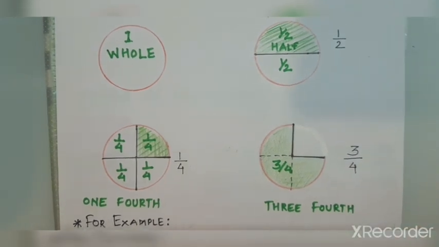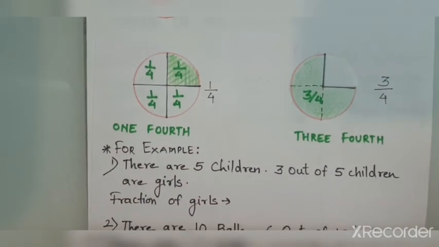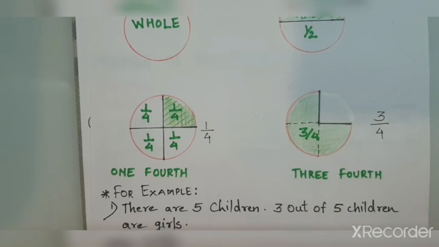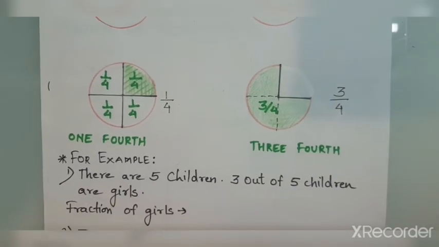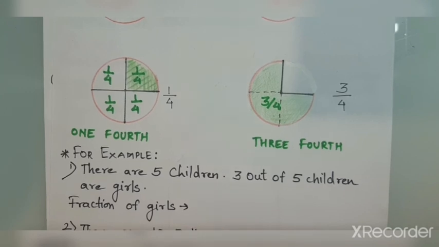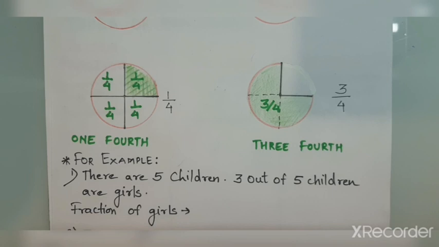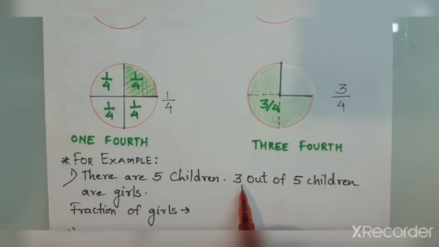Moving further, just an example here: if there are 5 children, 3 out of 5 children are girls. What is the fraction of girls? If we have to write the fraction of girls, how many girls out of the whole?